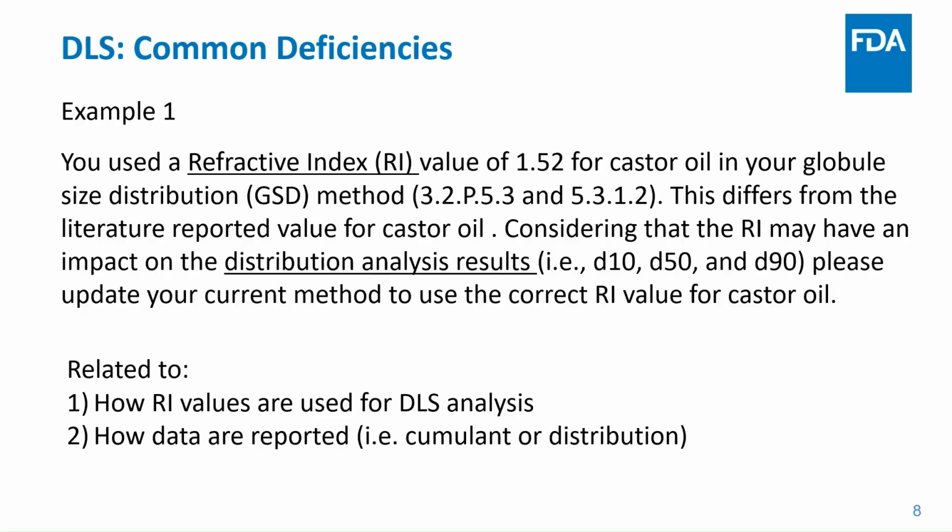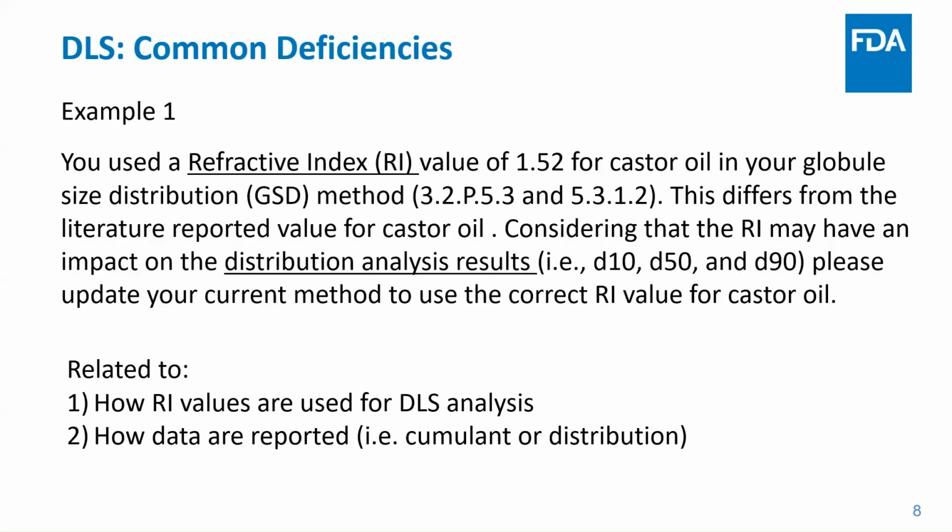But why do we ask here about the RI value of the particle, right? You may consider, we have been telling you it's not important to consider RI. What's important really is the dispersant, but why do we ask here, hey, your RI value is not correct? The reason is this applicant did not use cumulant analysis for setting their controls or acceptance limit.